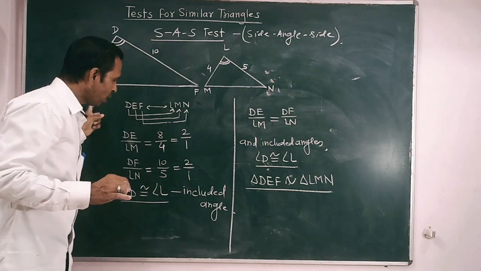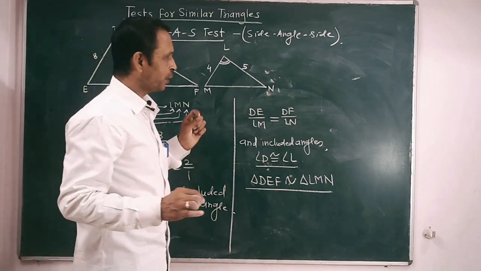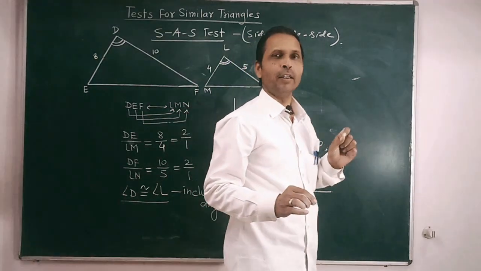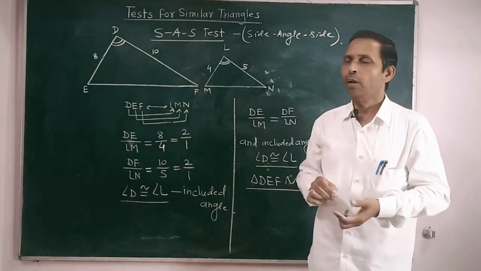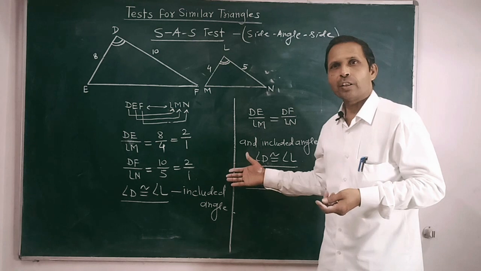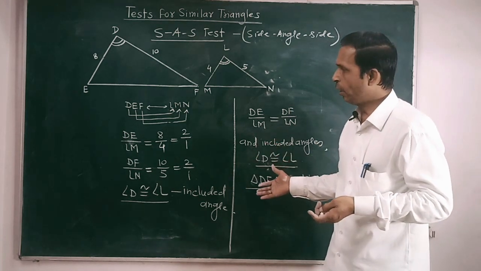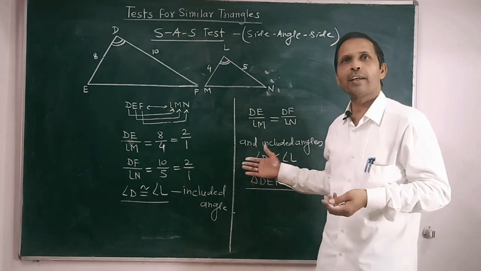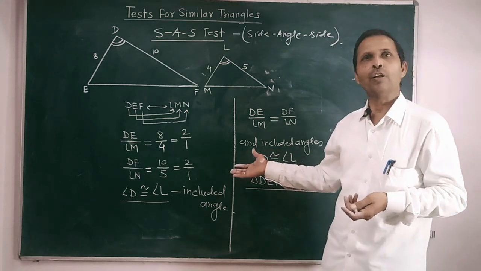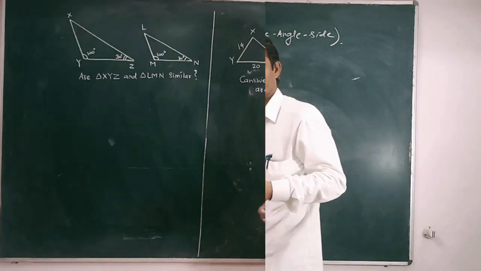Now these three tests are very important to show that the given two triangles are similar or not. If you satisfy any one of these three necessary and sufficient conditions, we can show that the triangles are similar.